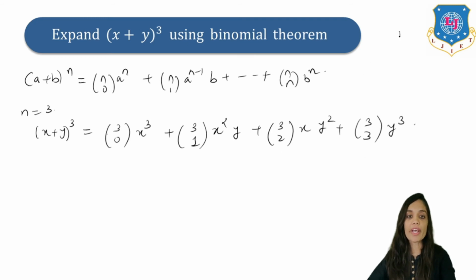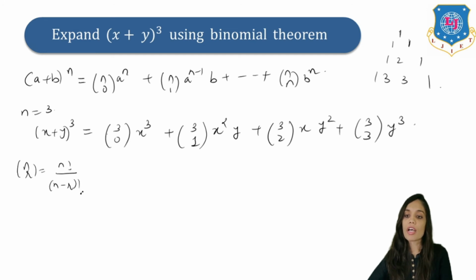But we know Pascal's triangle, so we can write the values of these nCr directly, or else you can use the formula of nCr, which is what? nCr is equal to n factorial upon (n minus r) factorial into r factorial. You can use this or that to find the values of nCr.